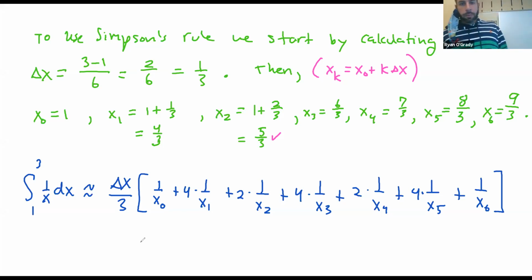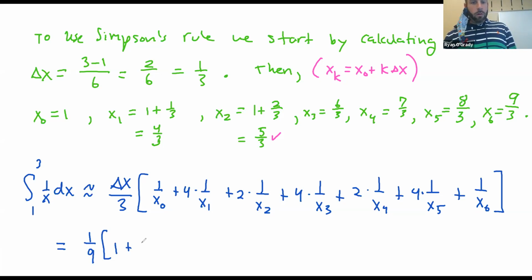Okay, so now let's plug everything in. Out front, we end up getting delta x over 3, but since delta x is 1/3, this becomes 1/9. Then we're left with 1 plus, when I plug in x sub 1, that's 4/3. So when I invert it, I get 3/4.